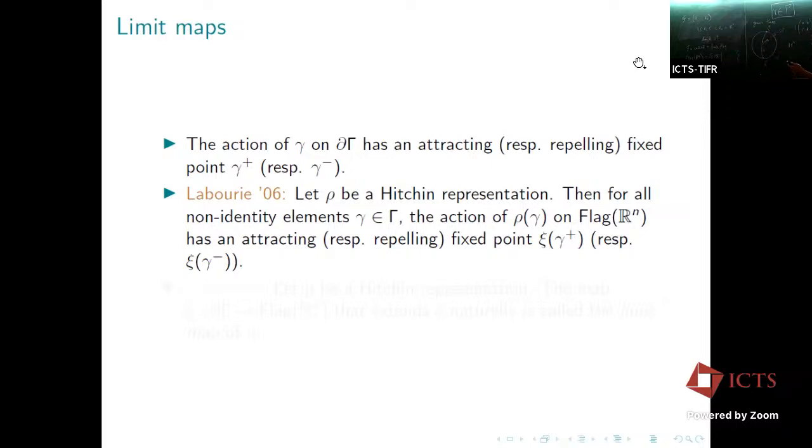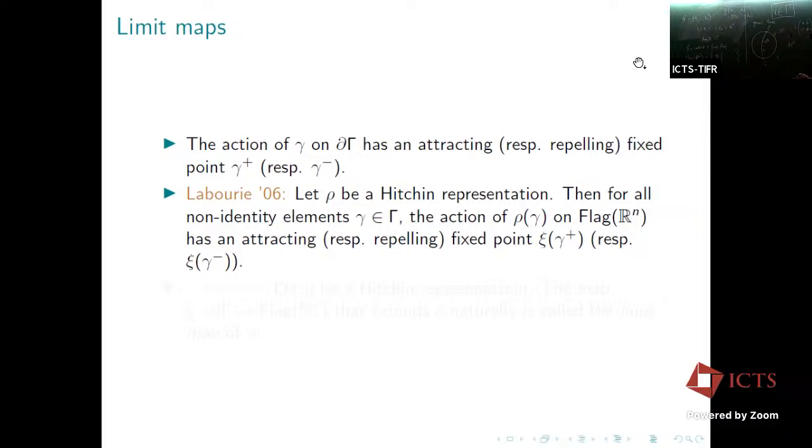The action of rho gamma on the flags has an attracting fixed point and a repelling fixed point. So the action is g of (V1, ..., Vn) is (gV1, ..., gVn).